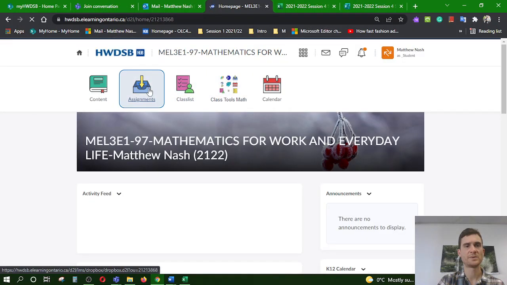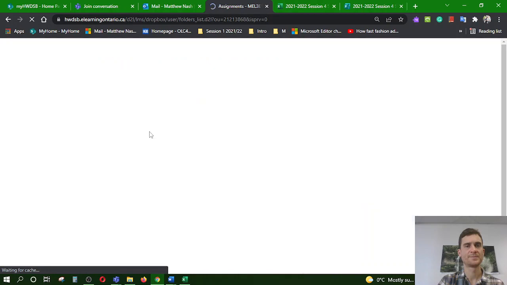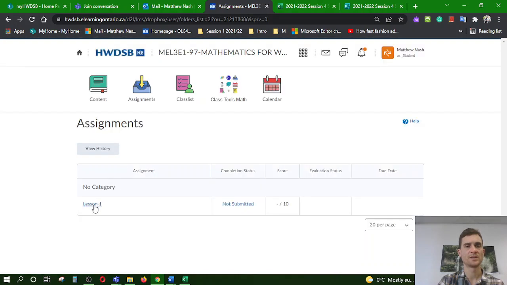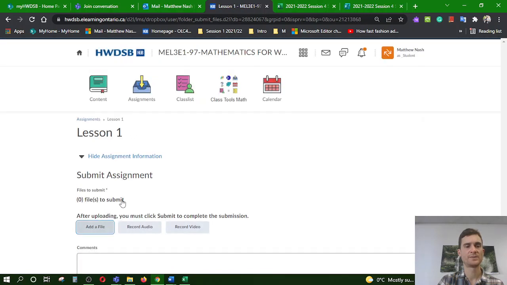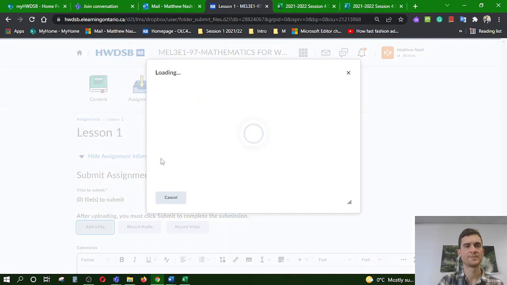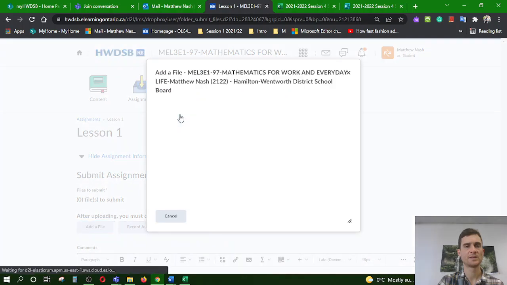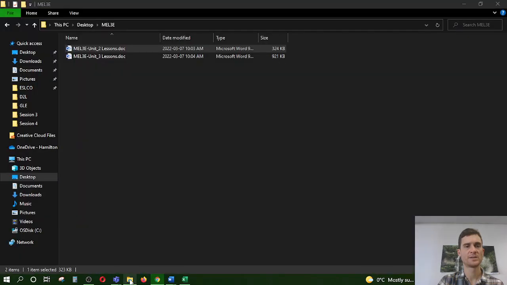So there's the assignments. And then you click on lesson 1. Then you add a file. You click on my computer because that's where it is. Then you can actually just grab it and bring it over.